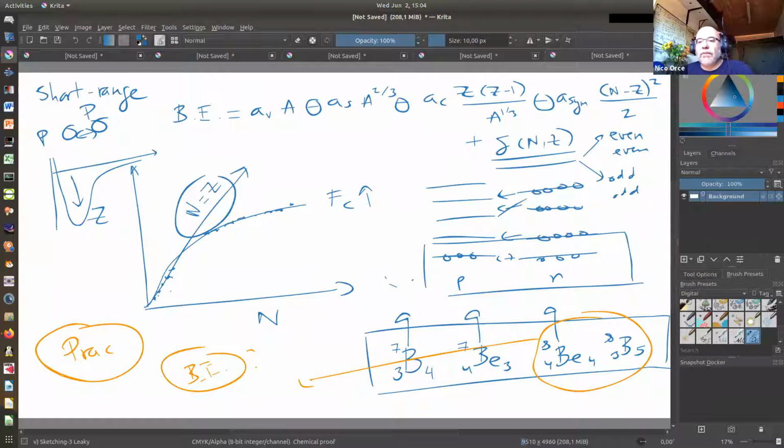The extra binding comes from the short range and the pairing interaction. You can see that from this problem that you have right here. But now I want to explore something. Let's explore a hypothesis.